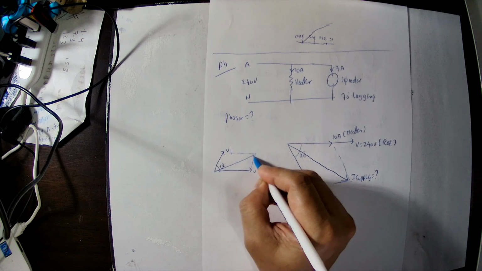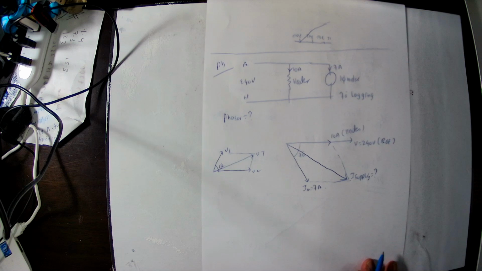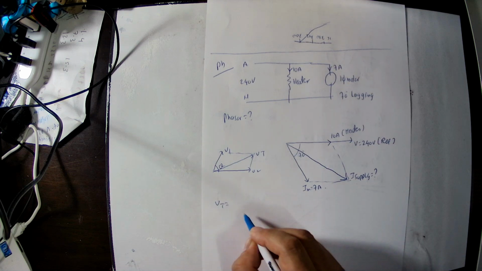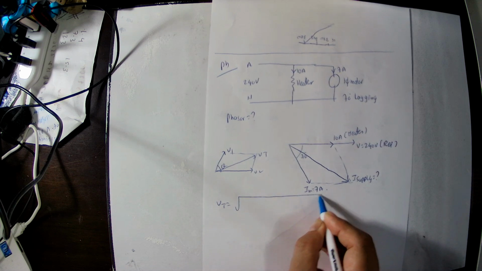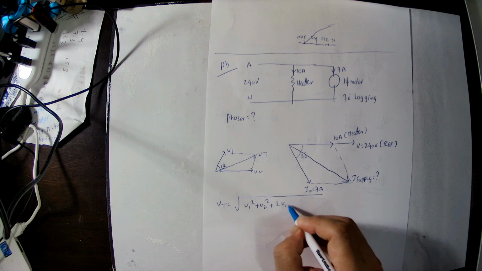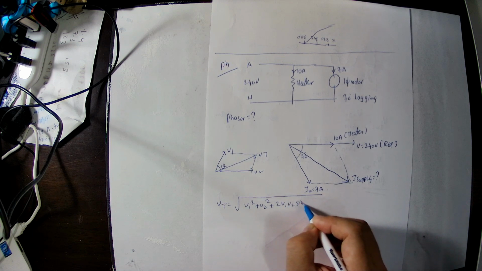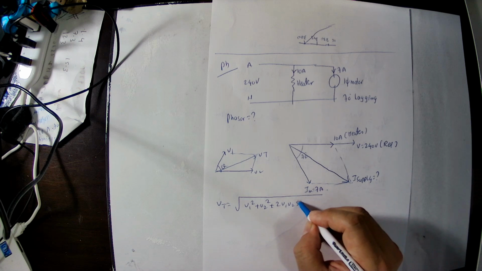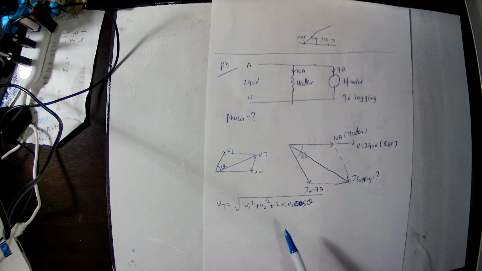Vd can be calculated as the square root of V1 square plus V2 square plus 2 V1 V2 cos theta. So this is the formula.